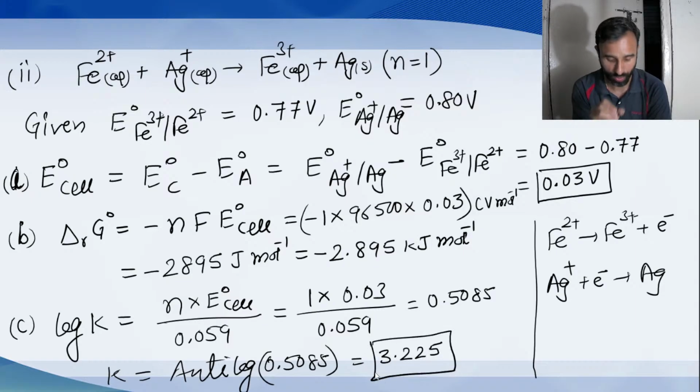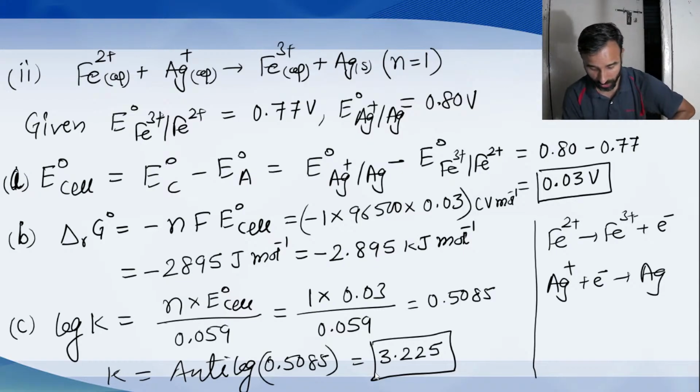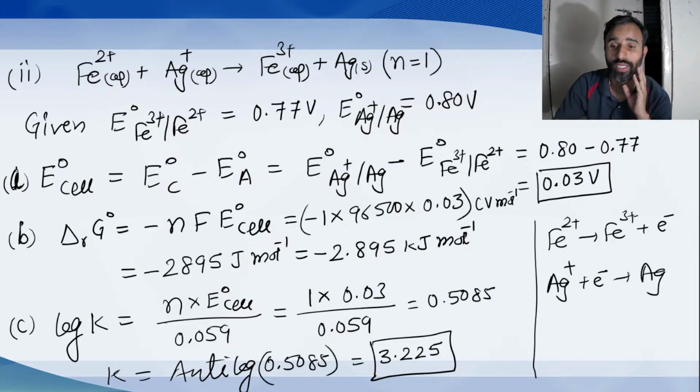This is the value of K in the second case. In the first case, it is 3.2 into 10 raised to 34 or 3.8 into 10 raised to 34. Okay, so this is question number 4, first and second part.